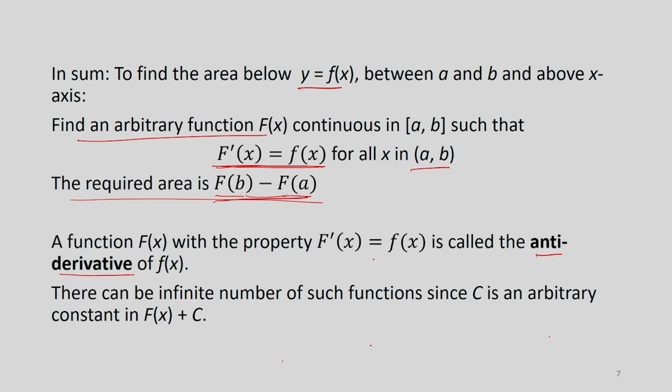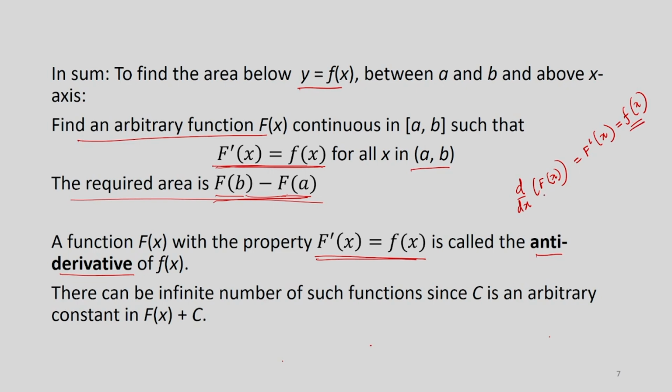Well, if you have this capital F dash of x is equal to f(x), right, and suppose how did I get capital F dash of x? I took d dx of F(x), right. I took F(x) and take the derivative of that, then I got F dash of x, and that is equal to the function that we are given, which is small f(x).